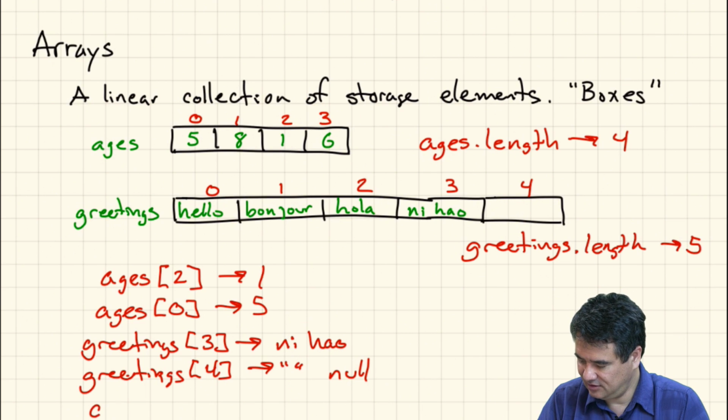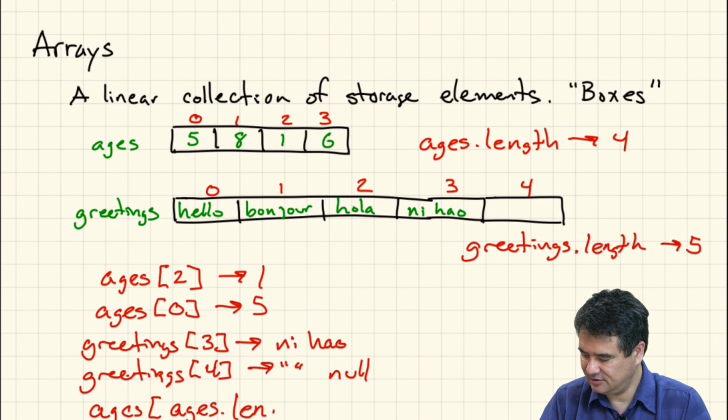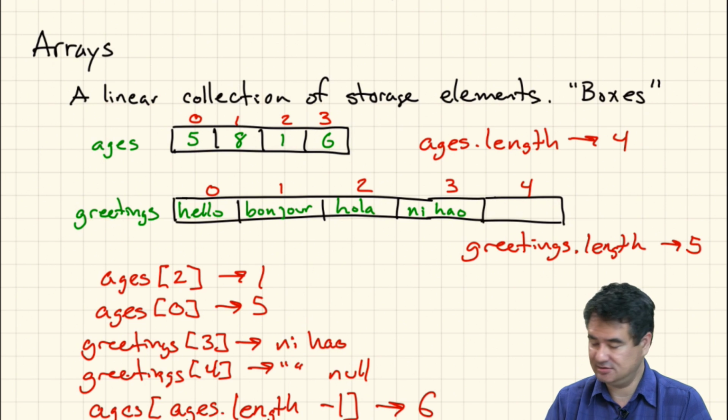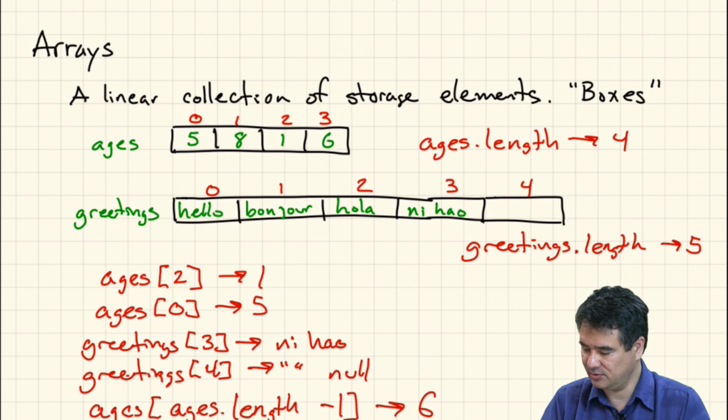So if I say ages bracket ages.length minus 1, that'll yield 6, right? And the reason for there is that ages.length is 4. We subtract 1, which gives us 3. So what we're really asking for is what's in box number 3, and that's a 6.